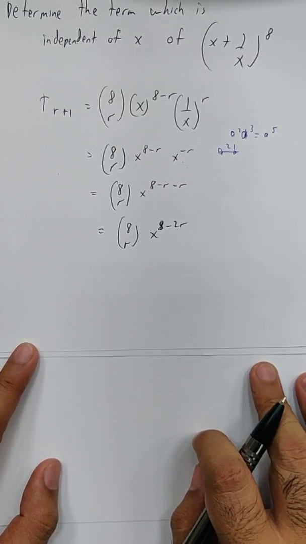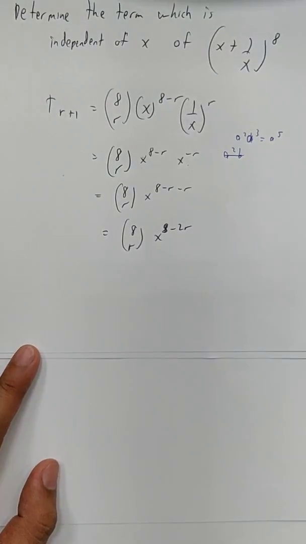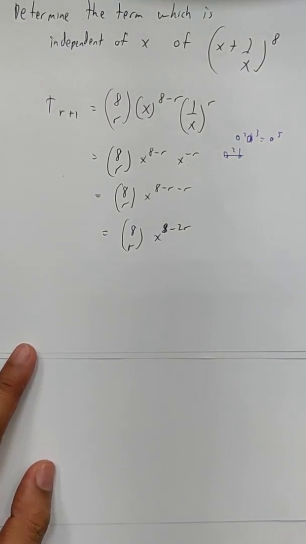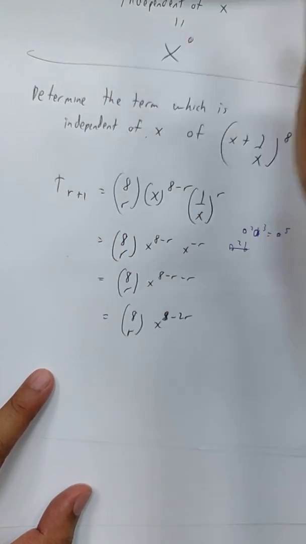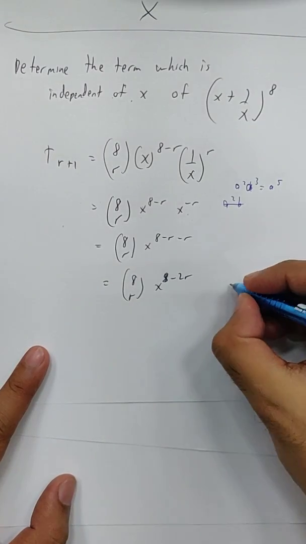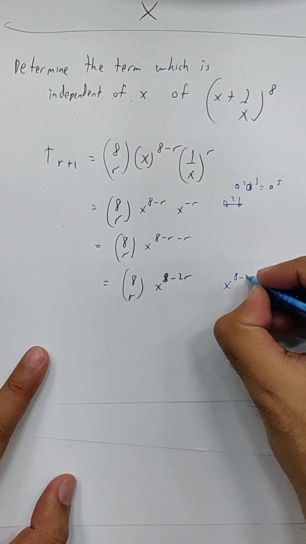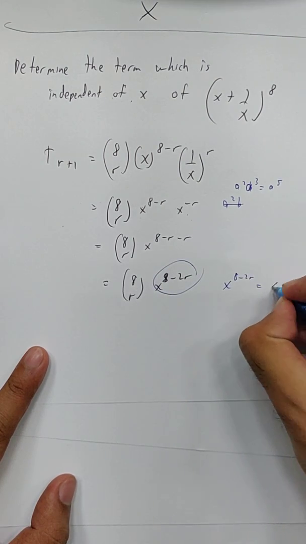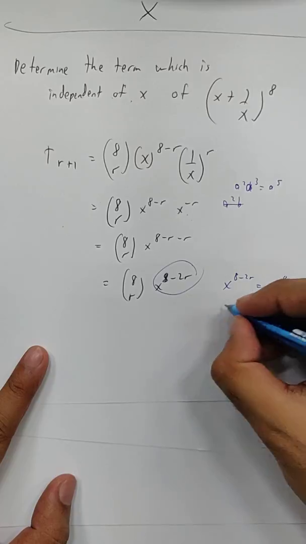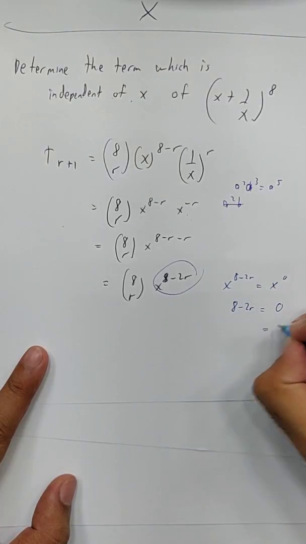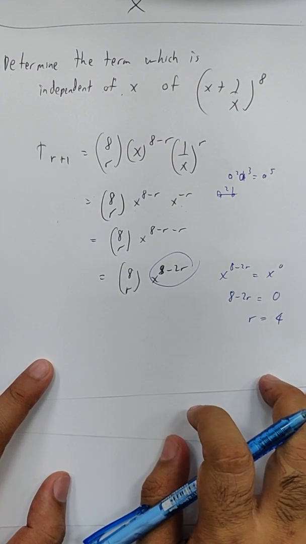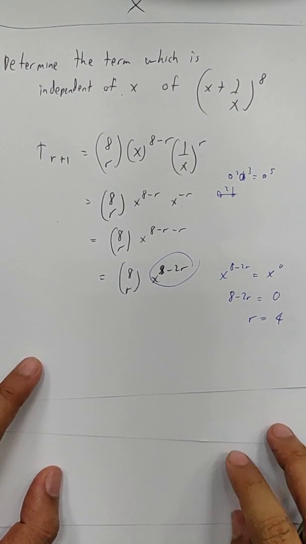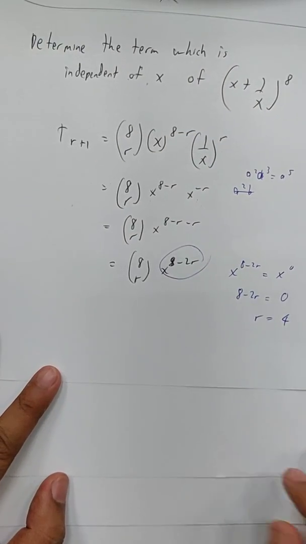Okay, good, if you get this far. So now, how should we continue? We want to compare with what? Independent of x is x^0, as we mentioned just now. So you compare x^(8-2r) here with x^0. So 8 - 2r = 0, r is 4. So what term is it? It's T5, very good.